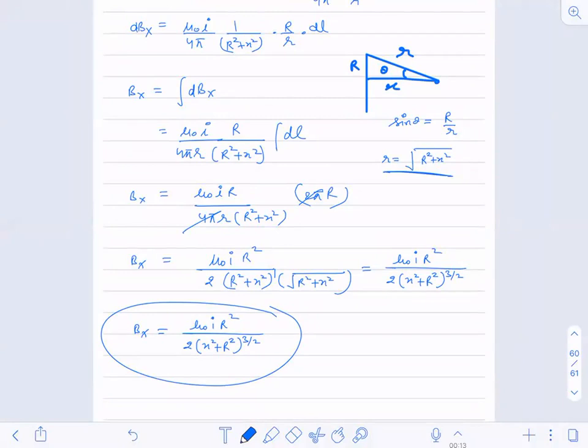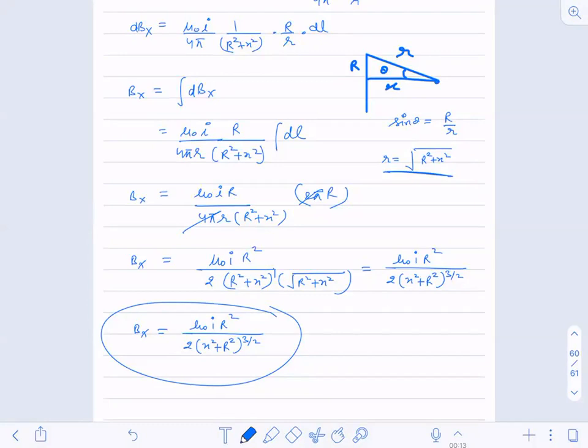Everything else matches with the electric field calculation at a point on axis due to a charged circular ring. The complete calculation is the same. The only thing is how you will visualize the direction of the magnetic field. That was important over here.